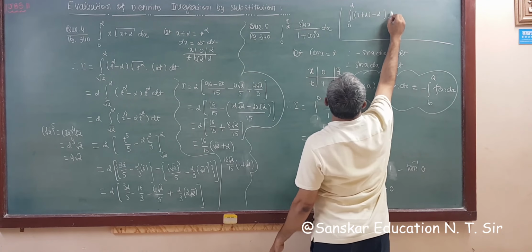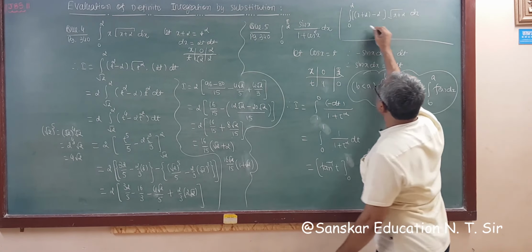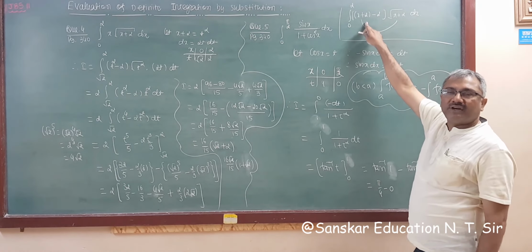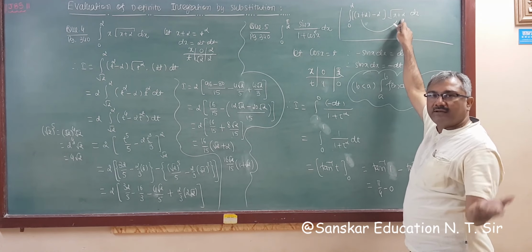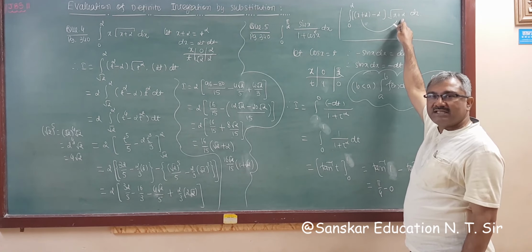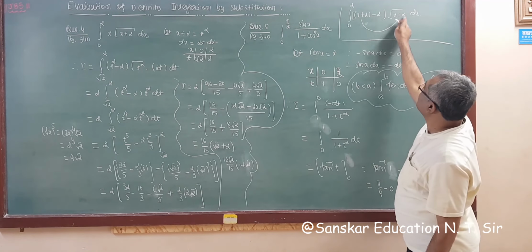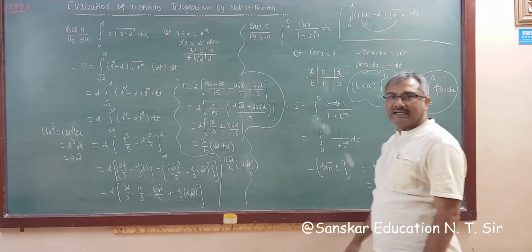And this is root x plus 2 dx, right? Simply multiply this, that is, this becomes x plus 2 raised to 1 plus half, that is 3 by 2, and minus 2 root x plus 2, and you know integration of root x is 2 by 3 x raised to 3 by 2, so apply this formula, and this is also the same formula, so you will get your answer directly. Okay.